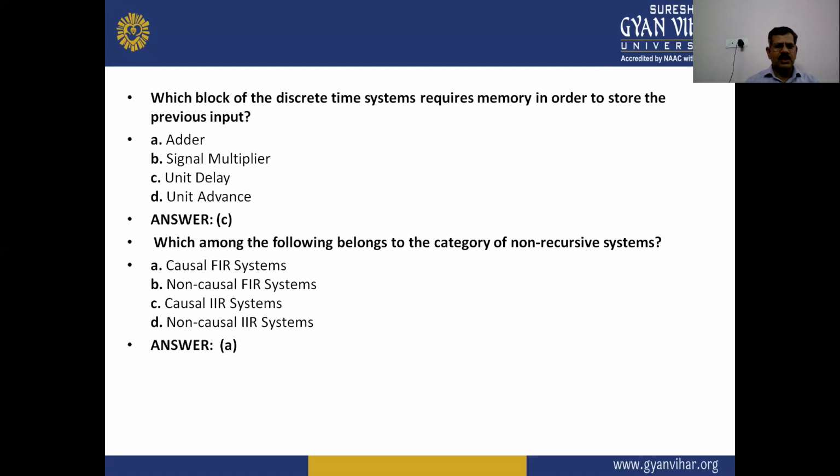And option D, non-causal IIR system. So here the correct answer is option A, because the category of non-recursive systems is the causal FIR system. So here the correct option is A.